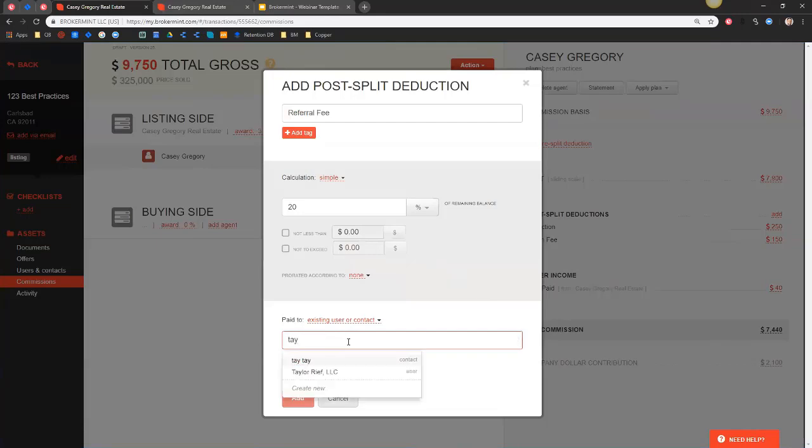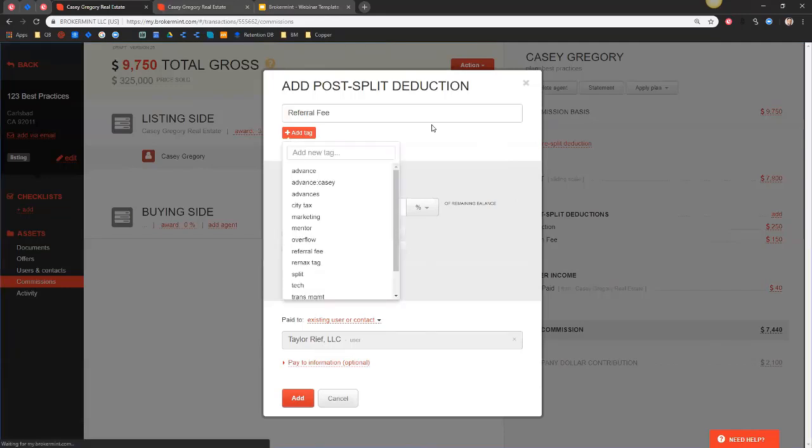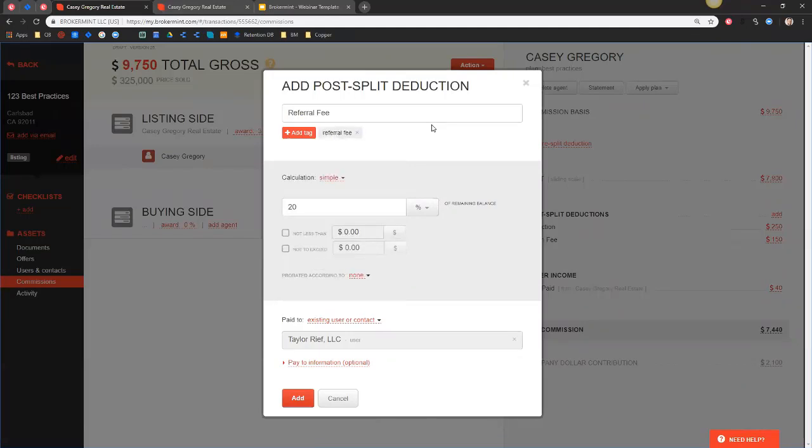Now to track this, we're going to go ahead and use a tag. So anytime we use a tag, we have a payment report that allow us to track tags individually. So if I have a tag called referral fee, or I create one, I can go ahead and add that tag to this deduction.